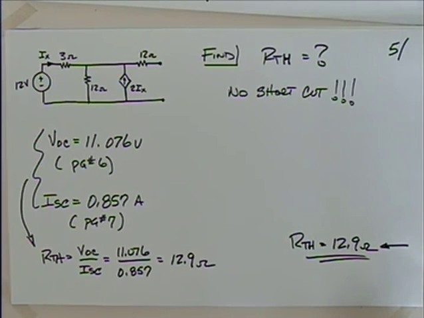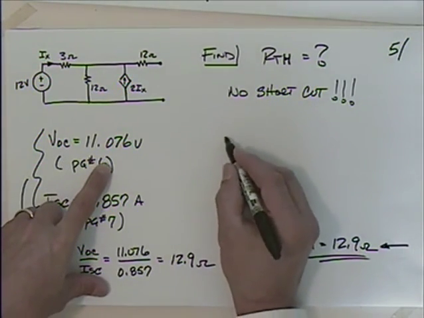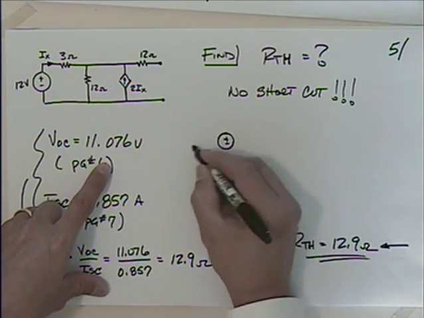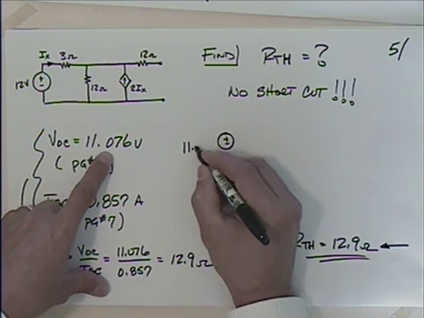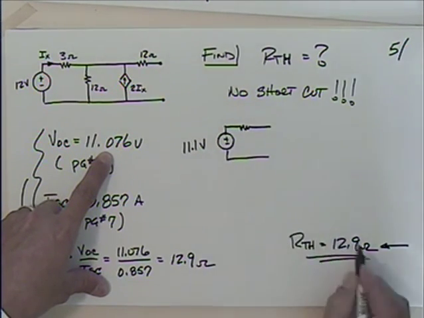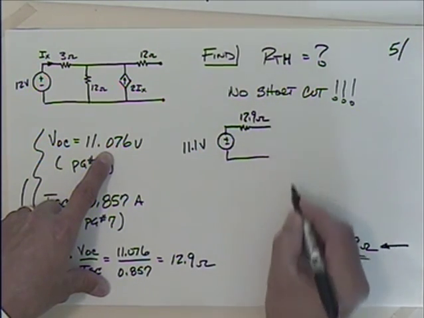12.9 ohms. Now, if you wanted to go further, you could use this V open circuit and come up with the Thevenin model. 11.1 volts, and now that we have that, 12.9 ohms.